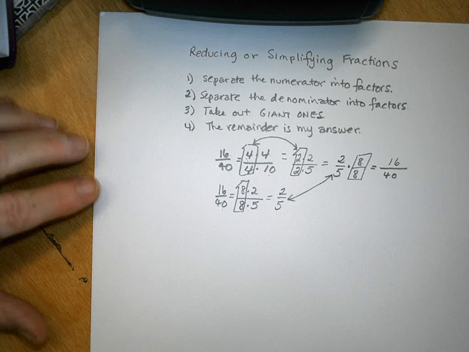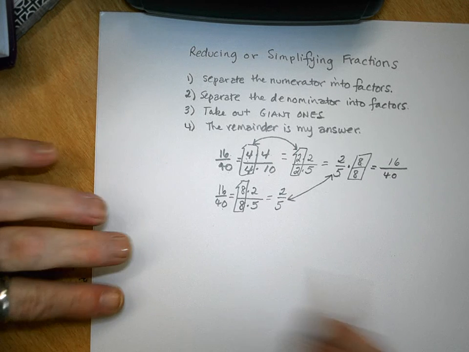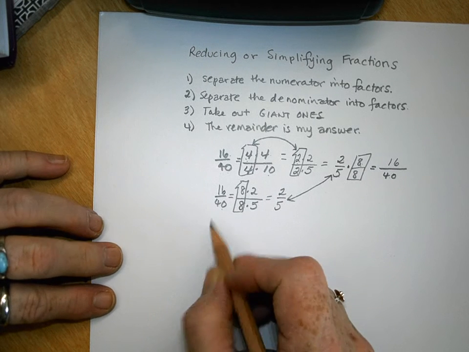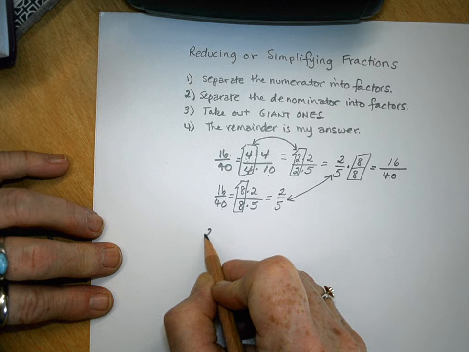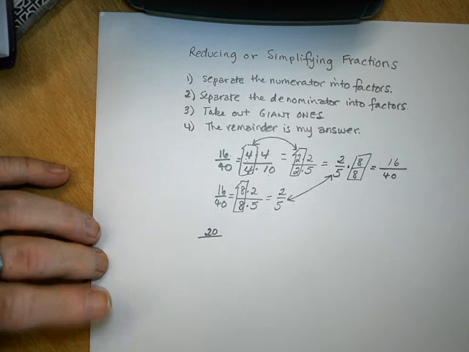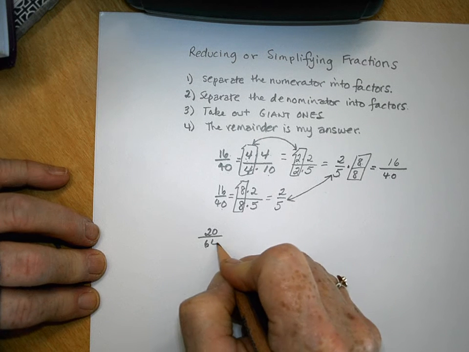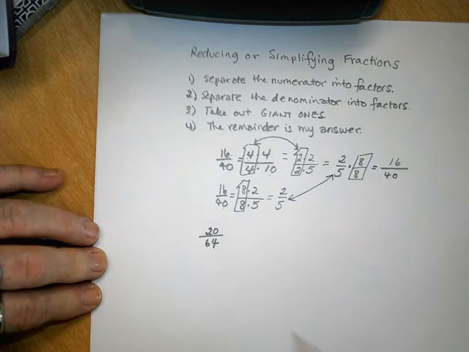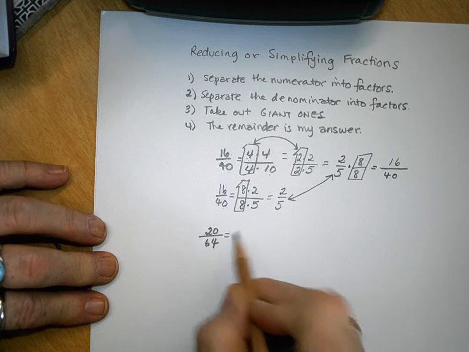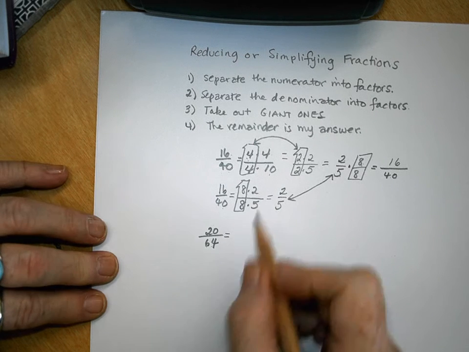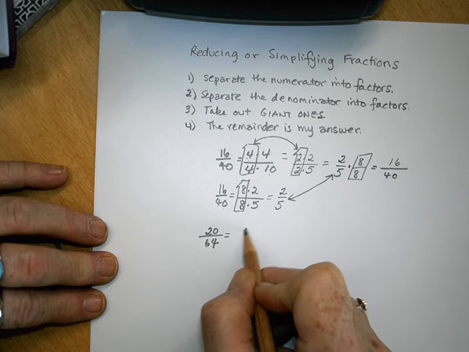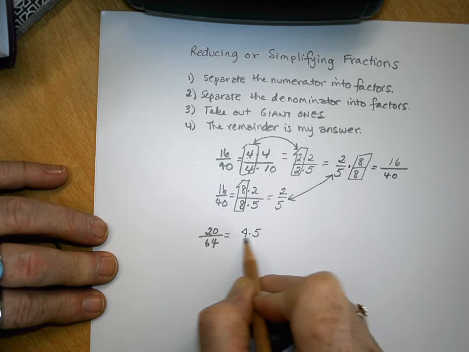Let's use a second example. Let's say I have, I don't know, let's go with 20 out of 64. Okay, I see that I have a common factor of 4 for both of these. So 20 would be 4 times 5.